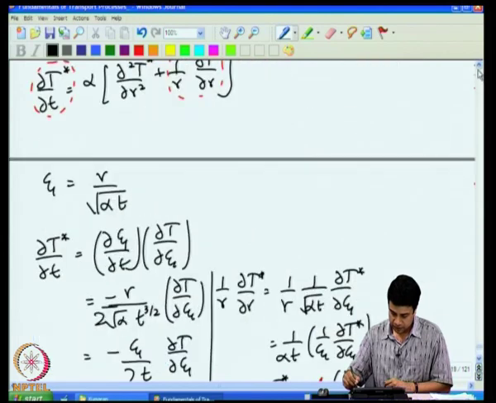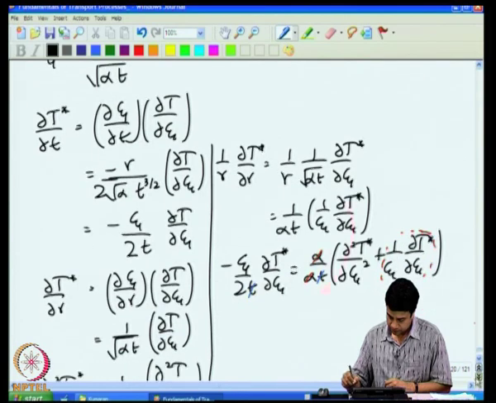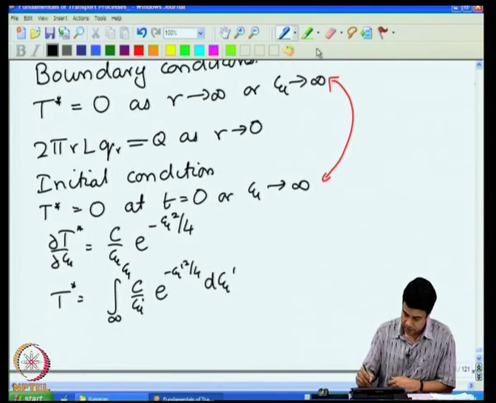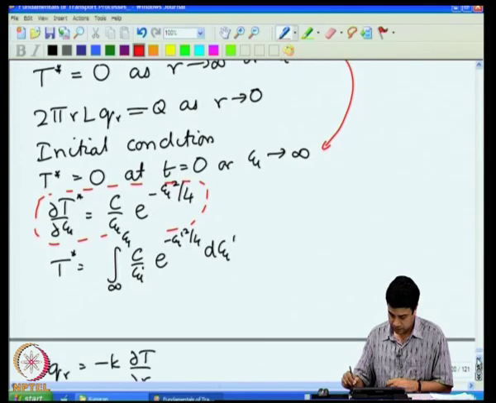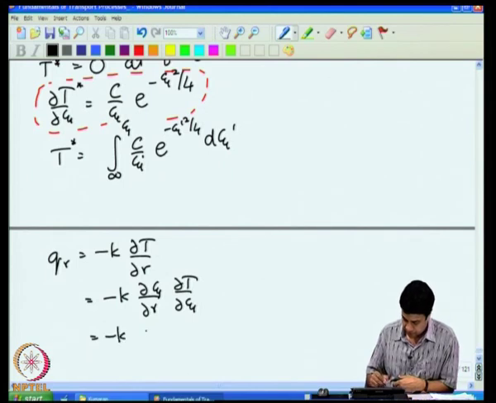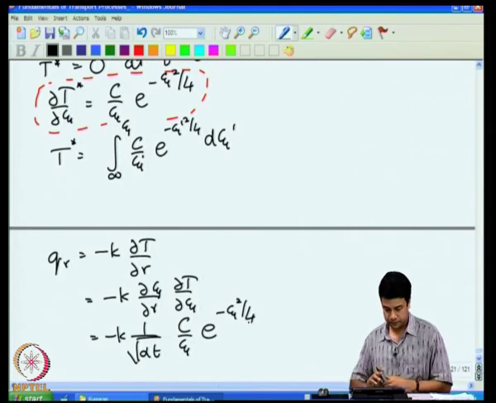And I have an expression for dT by d psi over here. d psi by dr is just 1 over square root of alpha t, times dT by d psi, which is c by psi, e power minus psi squared by 4.